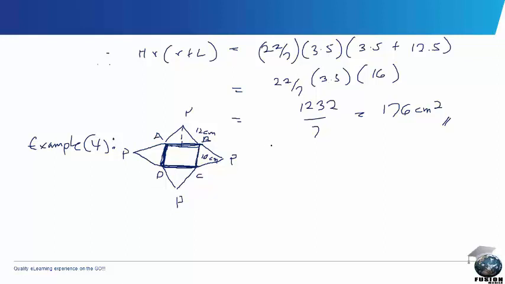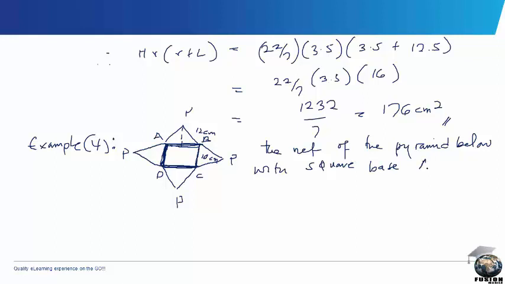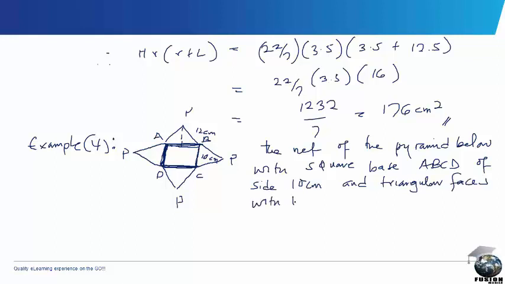Okay, and so the question states as follows: the net of the pyramid below, with square base A, B, C, D of side 10 cm, and triangular faces with height of 12 centimeters.